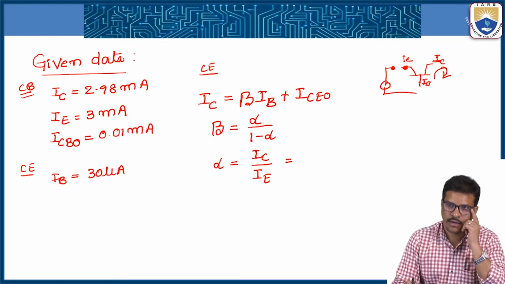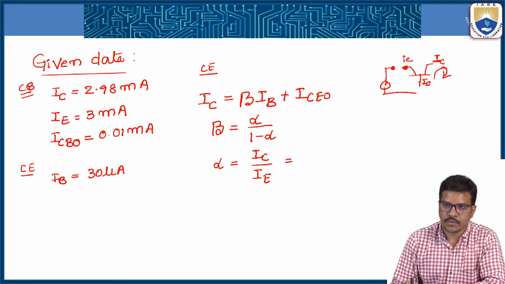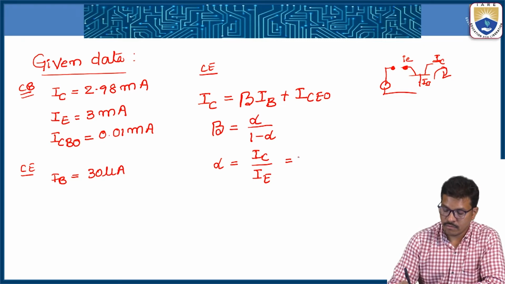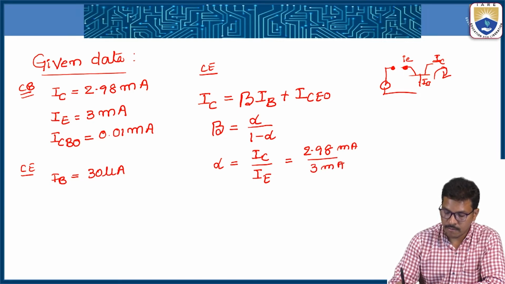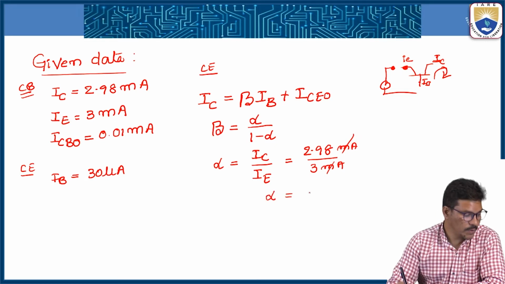Two data have been given: IC is 2.98 milliampere divided by IE of 3 milliampere. So alpha is equal to 2.98 by 3, approximately 0.994.